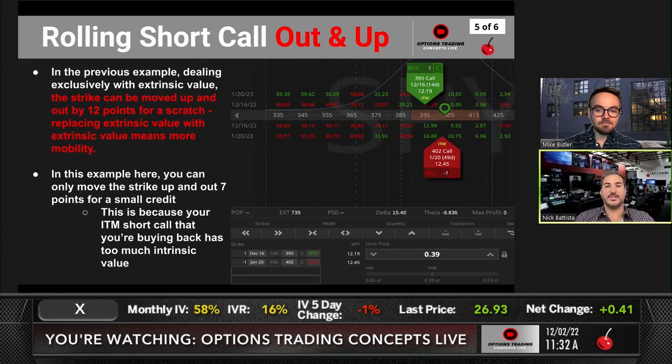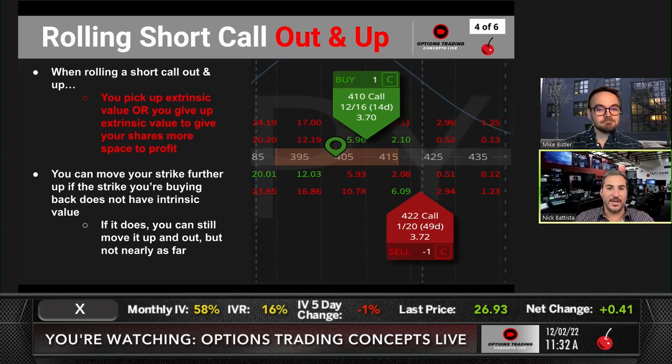You also still have the extrinsic value on the table that you originally had in the 14 day, right? So if you sold it for $1 and now it's trading at $4, that's $3 of value that you missed out on via the increase in extrinsic value. You're rolling this forward so that if this new option that's 49 days to expiration expires out of the money, $4 in value is going to be realized for you out of that position.